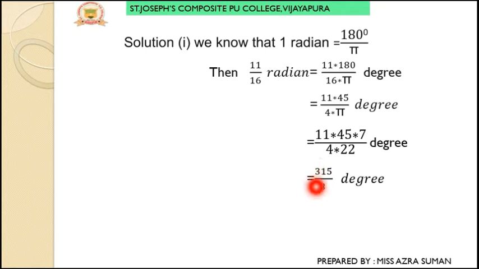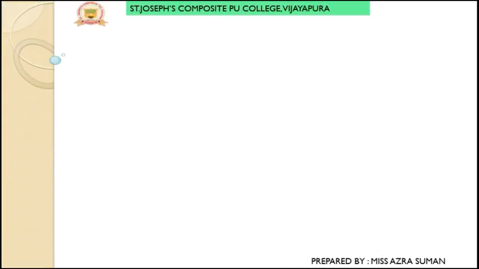Again, simplify this. You will get in terms of fraction, that is 39.375 degree. This can be written as 39 degree plus 0.75 degree. Now our work is to convert this fraction in the form of minutes and seconds.